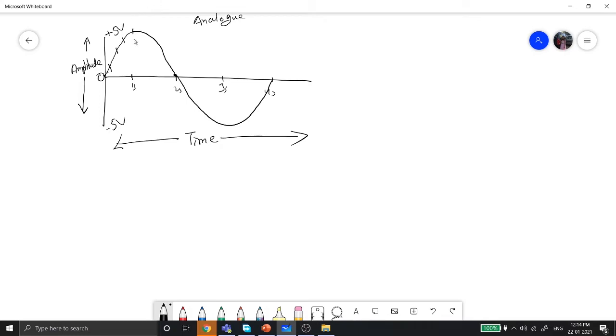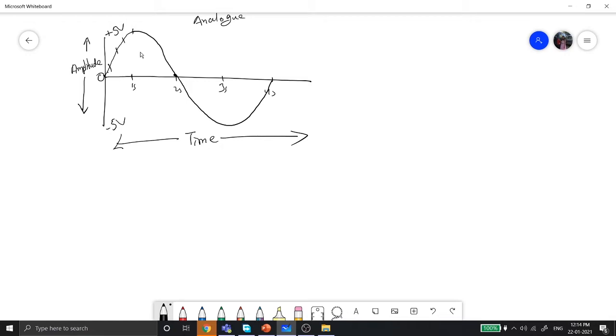It varies with time. In an analog circuit, the signal varies with time. The voltage can take any values, from the maximum upper limit of 5 volt to 0 volt to minus 5 volt, in a span of time.